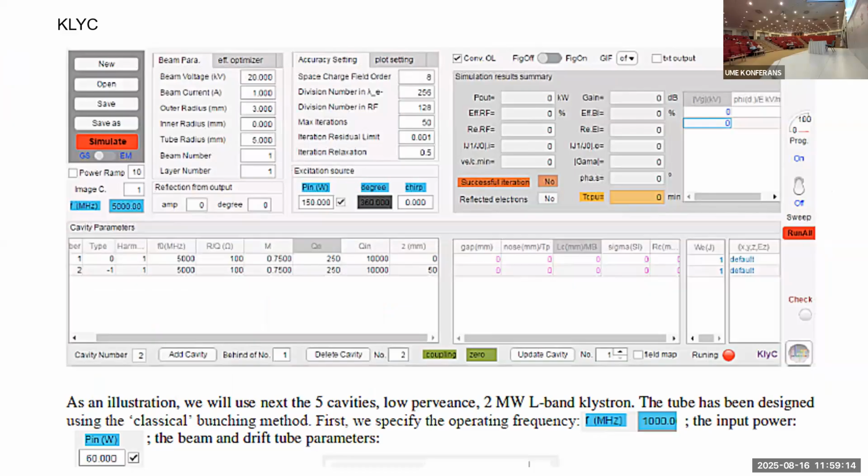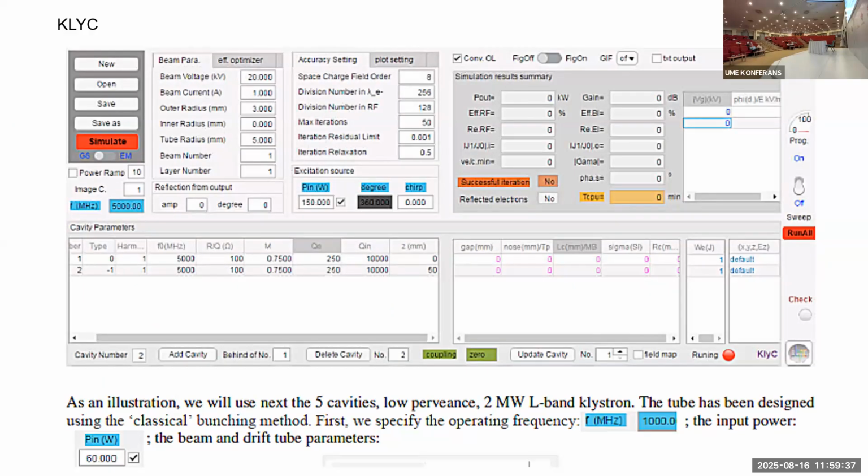You have to choose it. And some efficiency enhanced optimizer. You can check some boxes, or you can write something there. I think I have such a place. Maybe we can do it later.